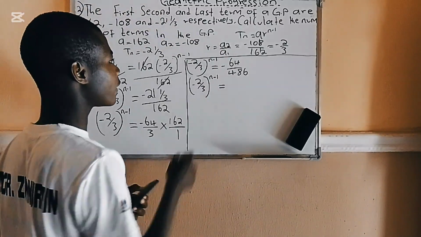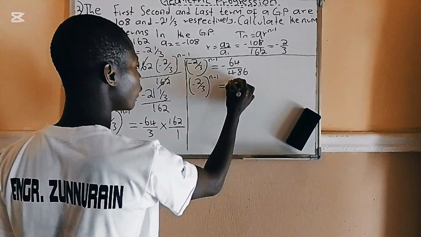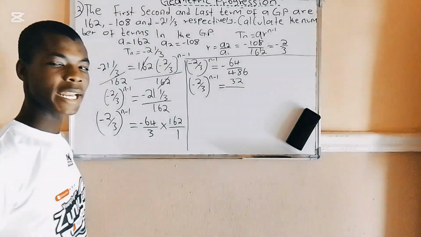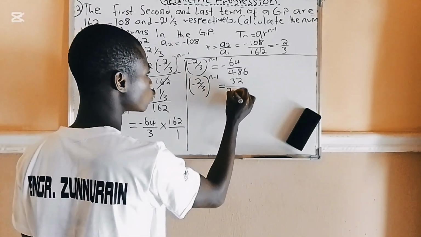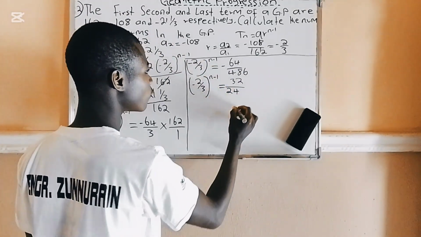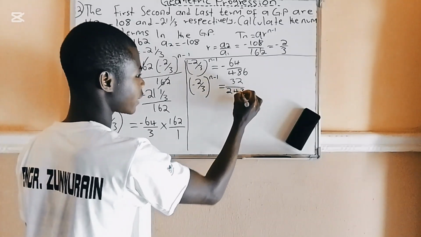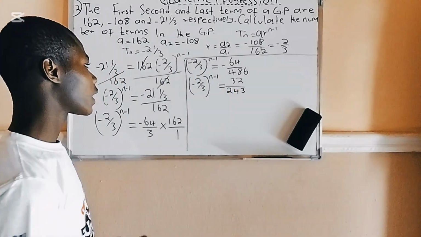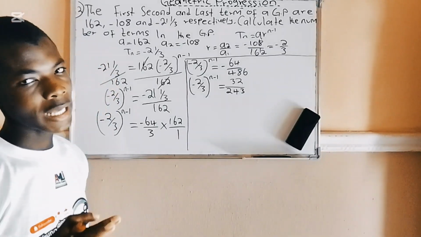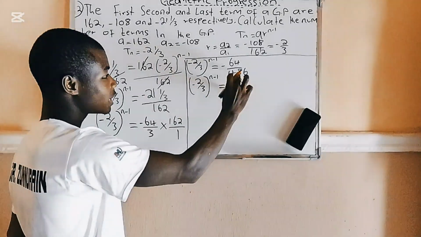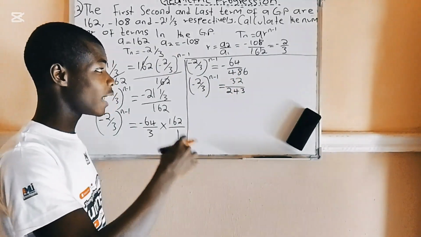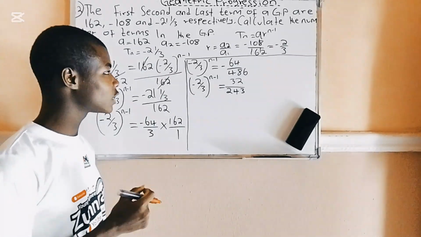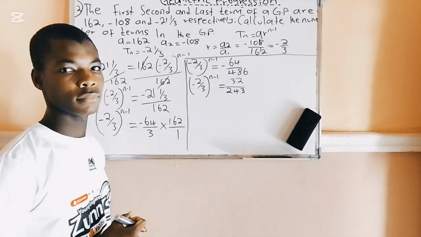So therefore, if I divide 64 by 2, I will have 32. If I divide 486 by 2, I will have 243. So the next thing I'm going to do is this 32 over 243, I have to make it to the simplest form.